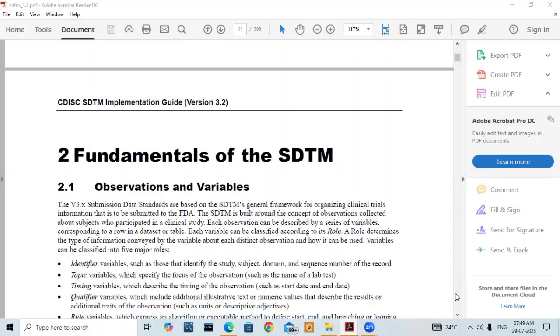The vertical columns are known as variables, and the horizontal rows are known as records. So a vertical column in the table is a variable, and the horizontal rows are records.